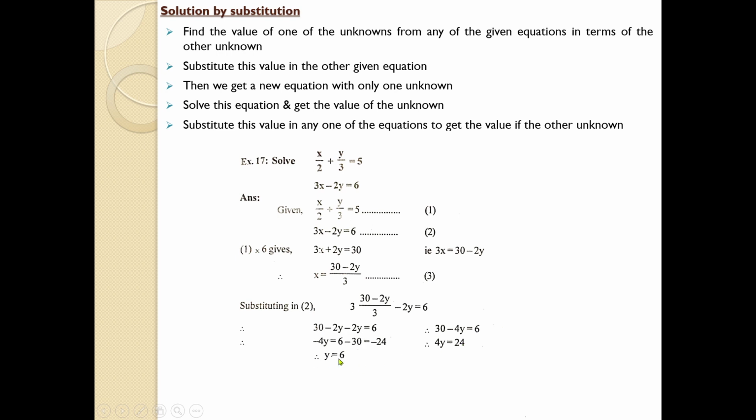Now you can substitute the value of y in any of these cases, either equation 1 or equation 2 or equation 3. You can easily get the value of x. See, they have substituted the same in this one. x equal to 30 minus 2y by 3, they got x equal to 6. So now the value of x and y is 6 and 6.